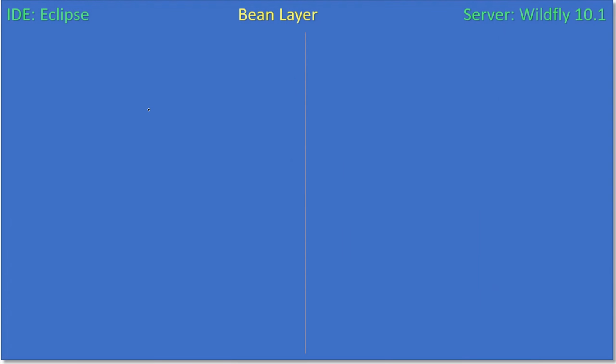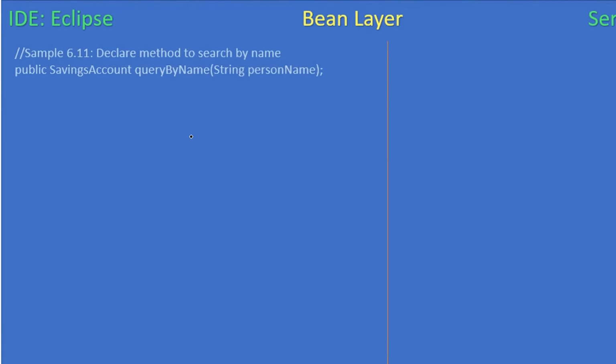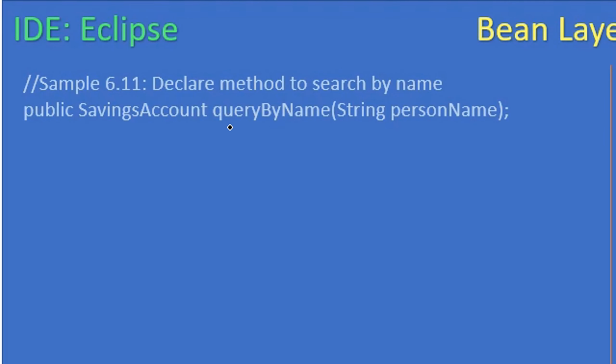Now the code change goes on the bean layer and then servlet processing. If you see here, we are introducing a new function in our remote interface. The method is query by name.